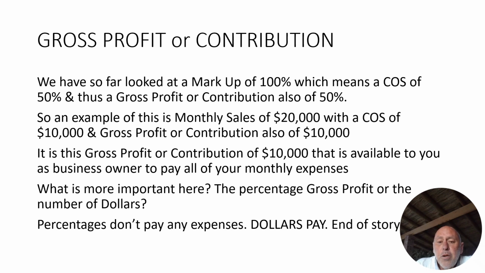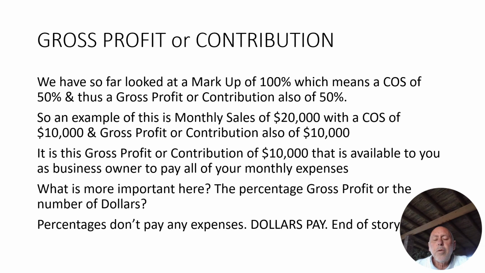And that's a gross profit or contribution also of 50%. So I've made an example: if you've got monthly sales of $20,000 with a cost of sales of $10,000, that's a gross profit or contribution also of $10,000. That's using that 100% markup.